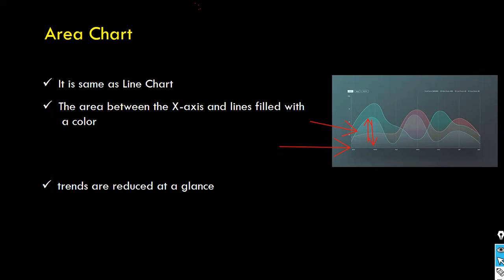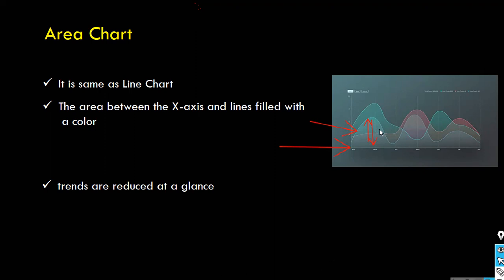What is the purpose of the line chart and area chart? What is the exact difference? The line chart, primarily, we use to view the trends over time for one or multiple series. In the case of a stacked area chart, it shows the composition of data over time, where you can see the total and the individual contributions from different series.